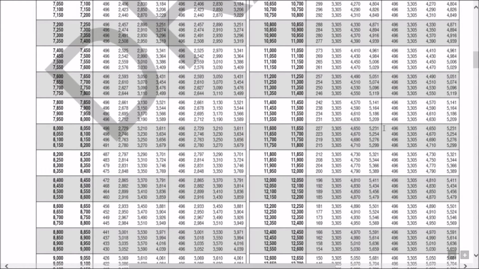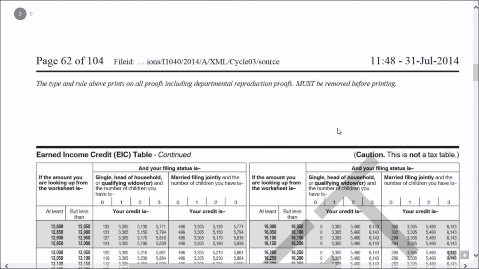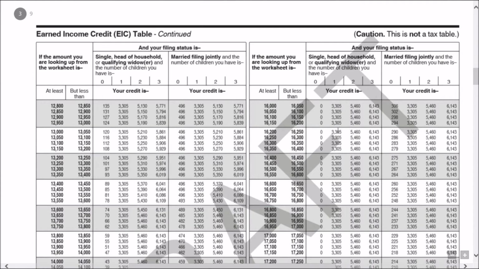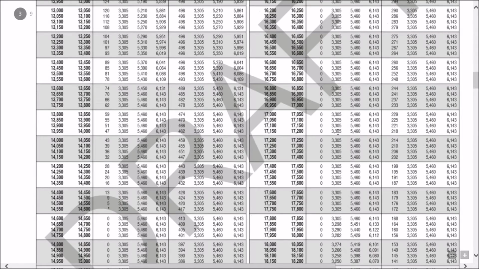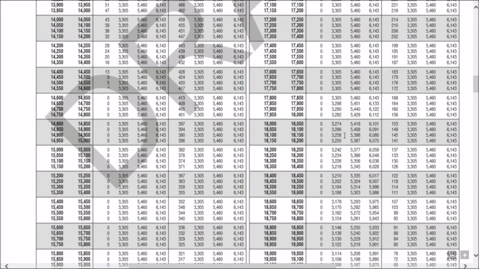We still see 3,300 for 1 child. So from 9 or 10,000 up through 16, 17,000, we're seeing 3,300 for 1, $5,400 for two, and $6,100 for the third child.